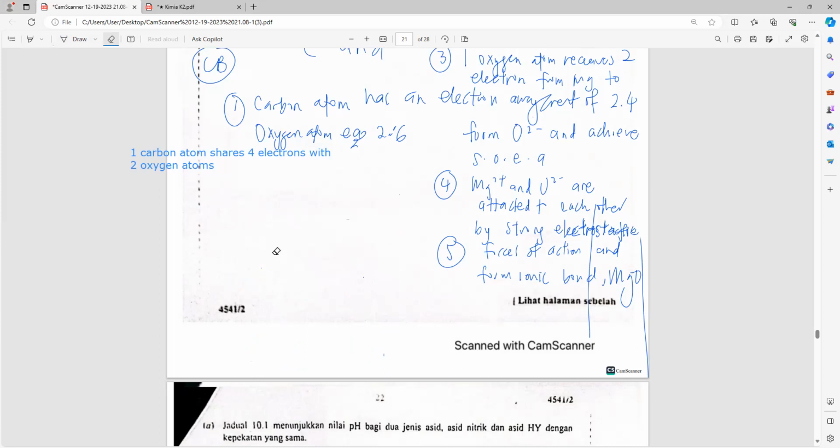What do I want to achieve? Very good. Carry on, type it out. Just giving you the perfect marking scheme. If you don't know what you're missing, you don't know what you're missing. To achieve a stable octet together with 2 oxygen atoms. That whole thing must be one sentence, yeah?